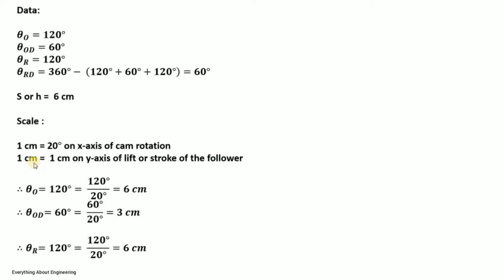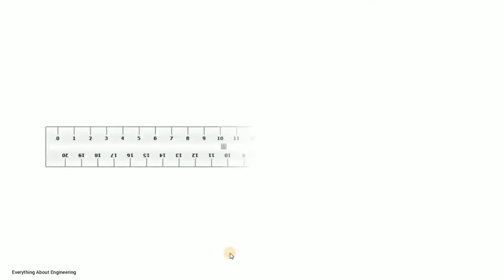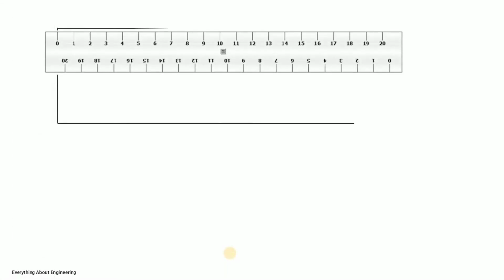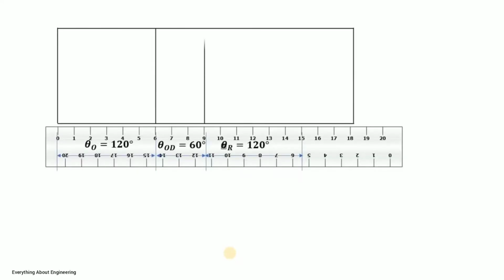Similarly, on the y-axis, 1 centimeter is equal to 1 centimeter. So on the y-axis, the 6 centimeter stroke will be represented by the original length of 6 centimeter. So let us first draw the displacement diagram. We have considered the 6 centimeter length for the outstroke, 3 centimeter length for the outstroke dwell, then 6 centimeter length for the return stroke.